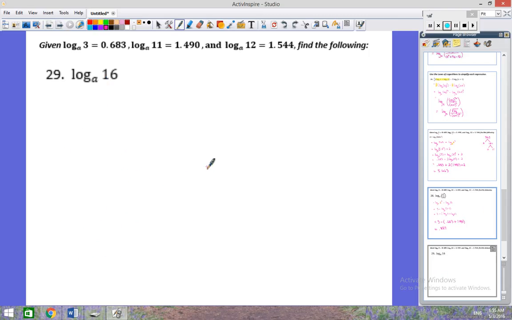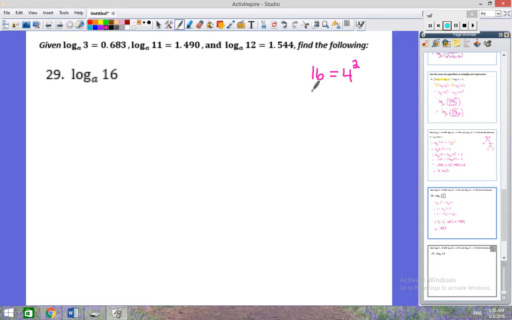Alright, again, same directions. Now, this time I've had various people ask me, well, how do you get 16 from the 3, 11, and 12? And you do have to kind of play around with it a little bit. What I noticed that I came over and said, well, I know that 16 is equivalent to 4 squared. So if I could just get 4, well, I can get 4 by 12 divided by 3.